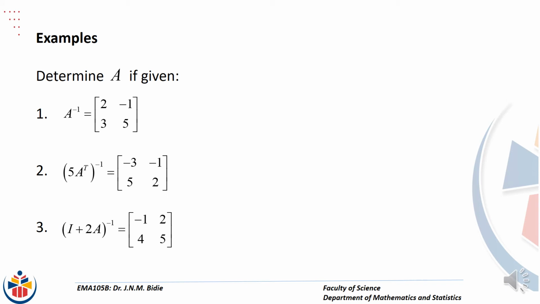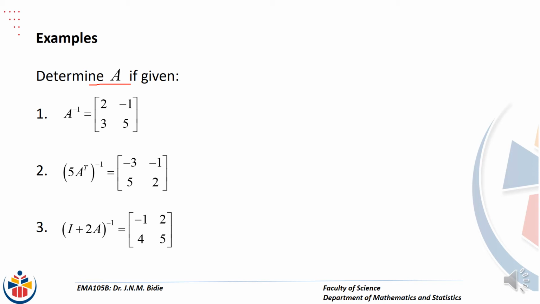Here are some examples that we could do using the properties of matrices. I'll just guide you through on what you can do. For number 1, we are asked here to determine A, actually in all these three. Remember the property that says the inverse of an inverse gives you the original matrix.